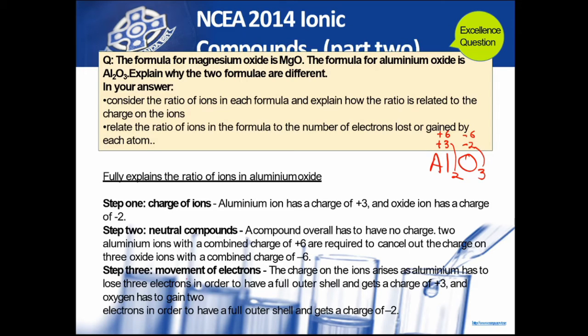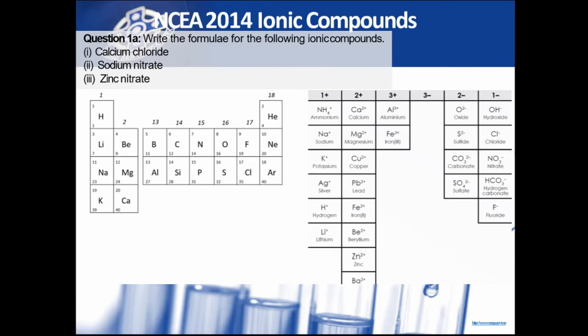Step 3, movements of electrons. The charge on the ions arises as aluminium has to lose 3 electrons in order to have a full outer shell and get a charge of plus 3. And oxygen has to gain 2 electrons in order to have a full outer shell and get a charge of minus 2.